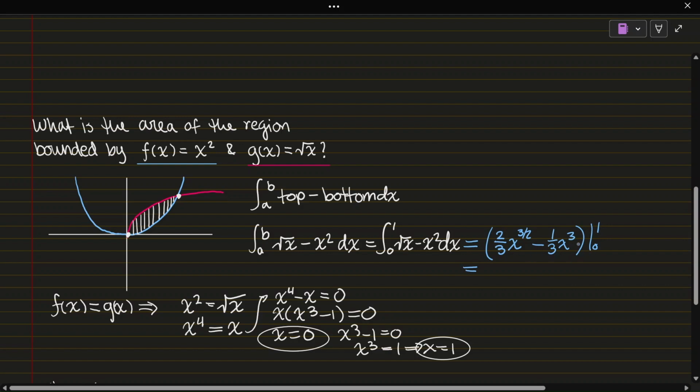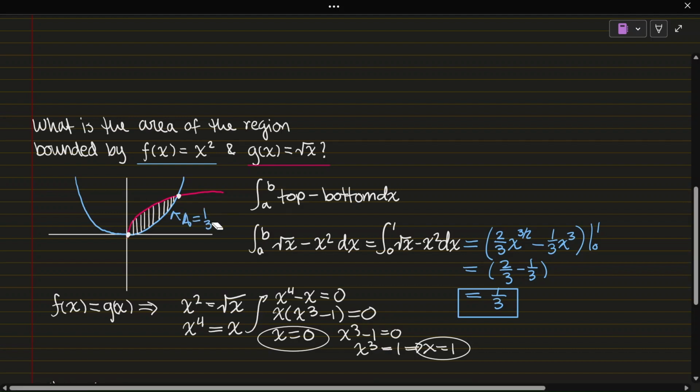When I evaluate at 0, everything zeroes out, so I only have to care about 1. This is going to be 2/3 minus 1/3, and so that equals 1/3. All of this is to say that this 1/3 is the area of this white region. So A equals 1/3.